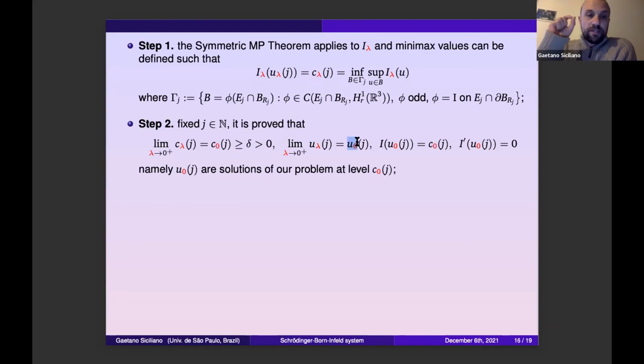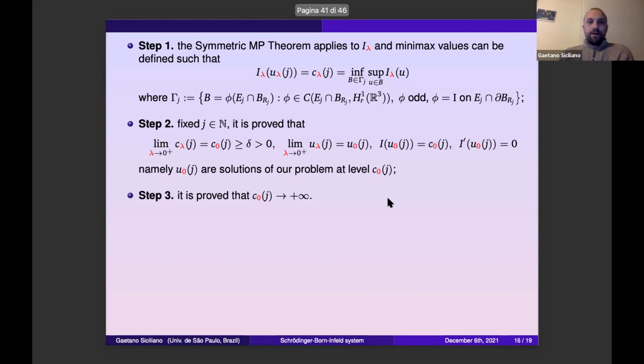And recall that whenever the parameter is 0, we are exactly at our equation, our functional. And U0 are critical points at level C0. And now it is proved that the C0 with j are diverging. So we have diverging critical levels for our equation.